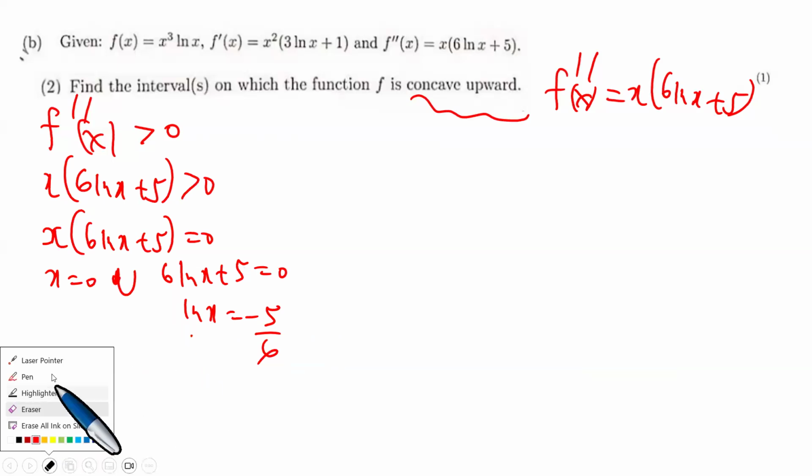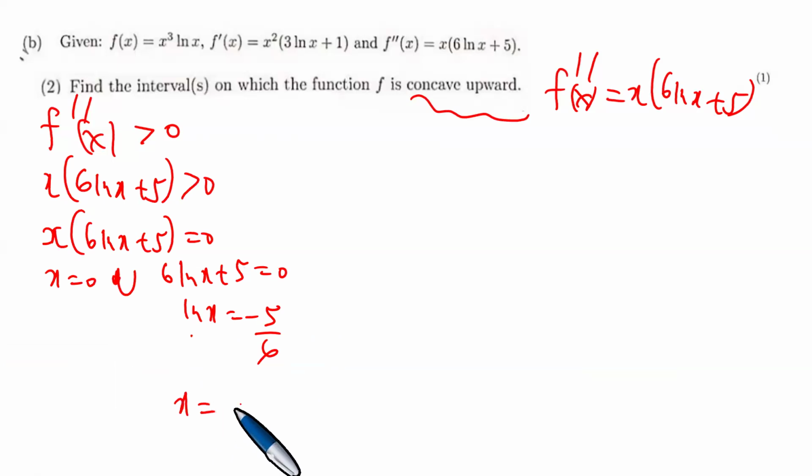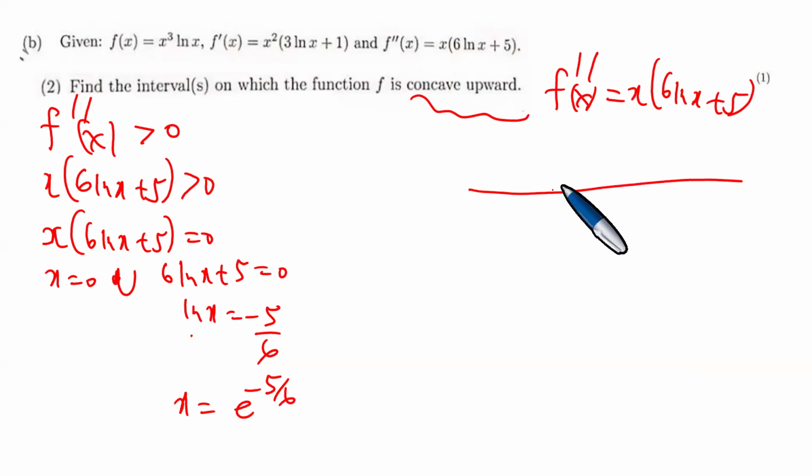Therefore x is e to the power minus 5 out of 6. So in the end, we have 0 and e to the power minus 5 out of 6.